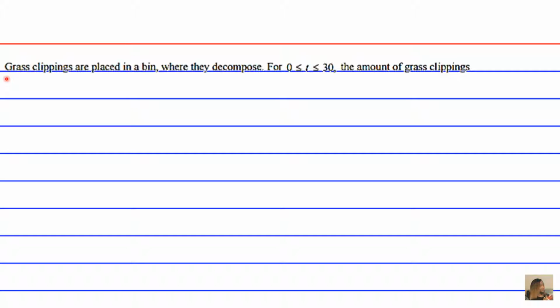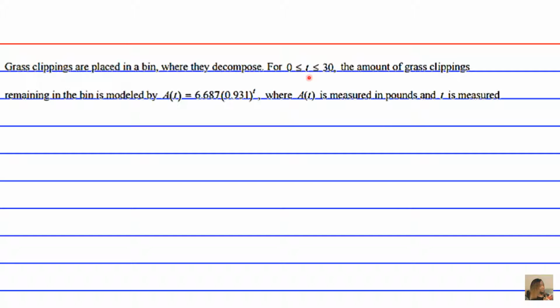So grass clippings are placed in a bin where they decompose. For a time interval of t between 0 and 30, where 0 and 30 are an amount of days, the amount of grass clippings remaining in the bin is modeled by A of t equals 6.687 times 0.931 raised to the t power, where A of t is measured in pounds and t is measured in days.